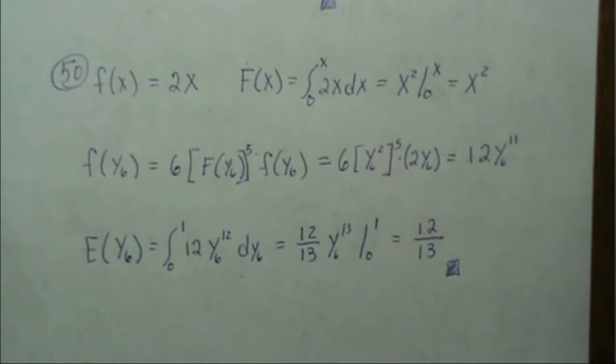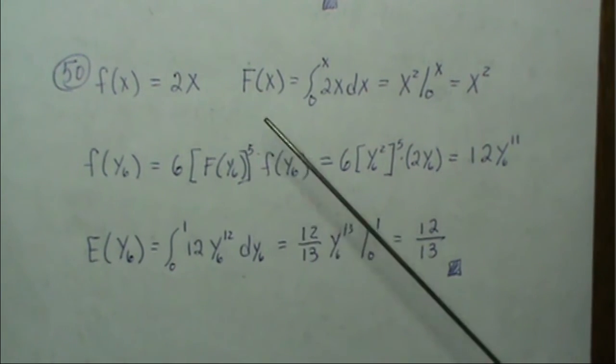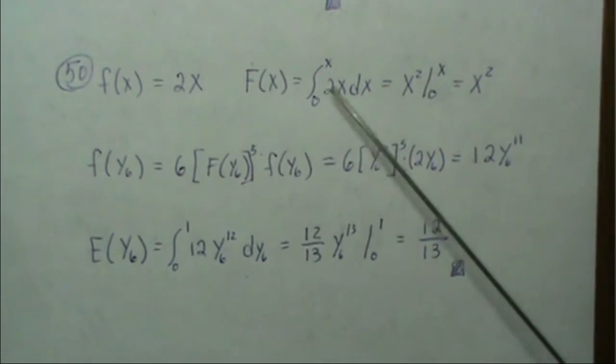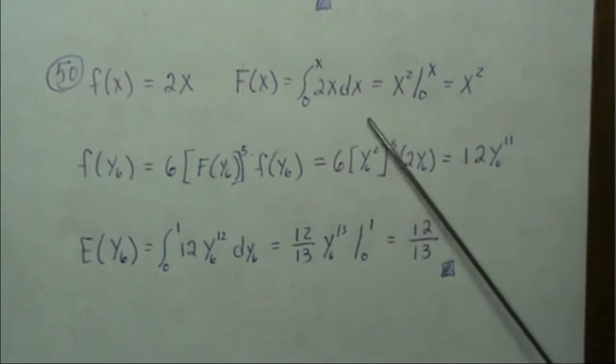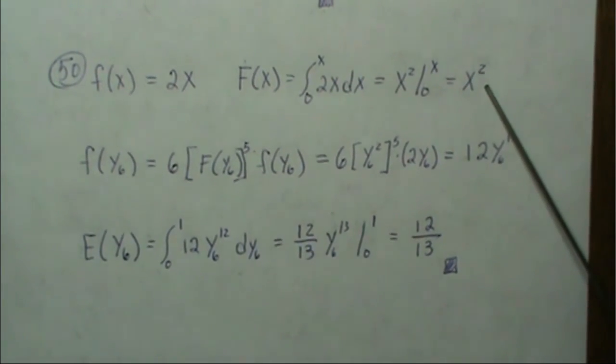Problem number 50, we want to find the expected value of the 6th order statistic, or the largest order statistic. Here's our density. We find the cumulative distribution function by integrating from 0 to x of 2x dx. It ends up being this and equals x squared.